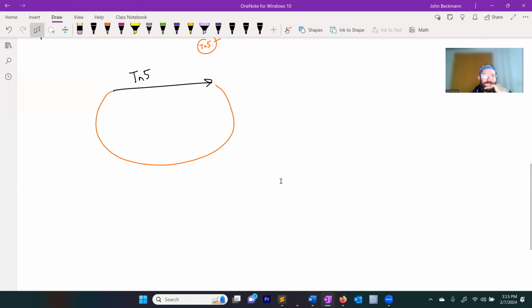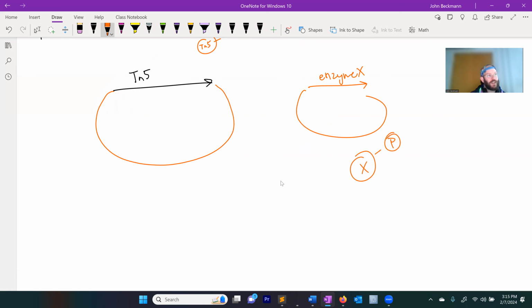Okay. Let me give another example because it's a good one. Let's say you have enzyme X. A common thing in molecular biology is you'll have a protein that gets phosphorylated by some kinase, and the phosphorylated version of the protein will be more active. So there'll be biochemical signaling cascades where some kinase will phosphorylate enzyme X, and then all of a sudden it starts doing its activity.